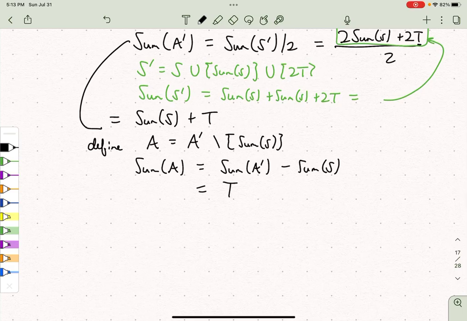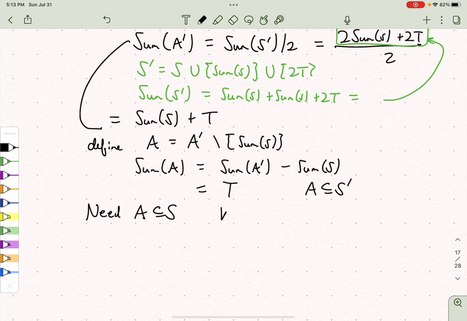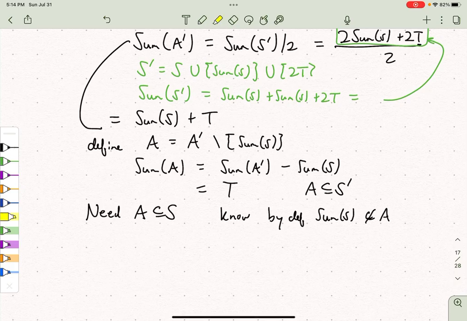So A sums to t. That's great. We found a subset that sums to t, but A is a subset of S prime, not necessarily of S. So we need to argue that A is a subset of S. First of all, we know there's only 2 elements we added to S prime, so we just have to show neither of them are in there. We know by definition that the number sum of S is not in A, because we explicitly removed it from A prime.